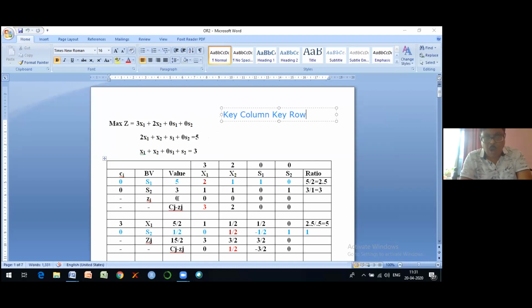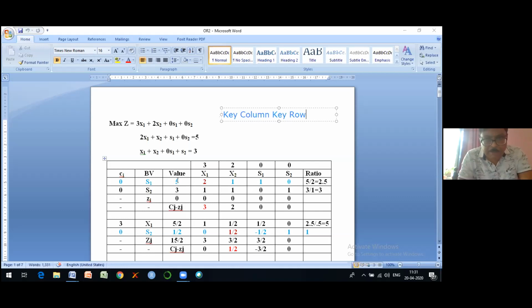Now how will the key row be formed? Which row, first row or second row, will be the key row? Because there are two constraints S1 and S2, the rows are this one and this one. Now, between these two rows, which row will be taken into consideration? That's why the ratio is to be computed. How will the ratio be computed?